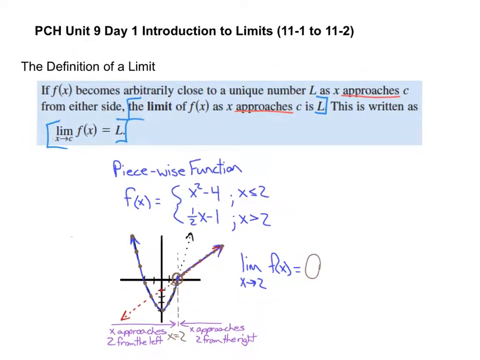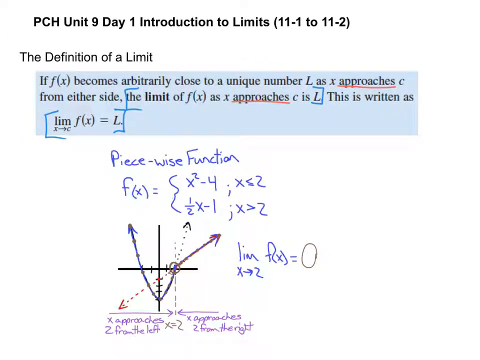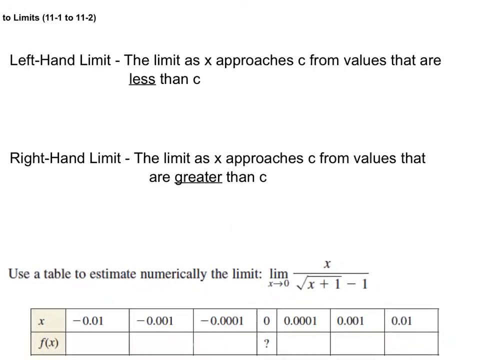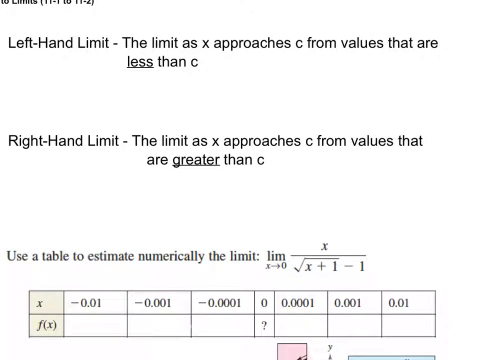So we have this idea of approaching x equals 2 or x equals c from either side. And those two approaches actually have their own names. We have two types of limits that are used to find the actual limit. We have what's known as a left-hand limit and a right-hand limit.